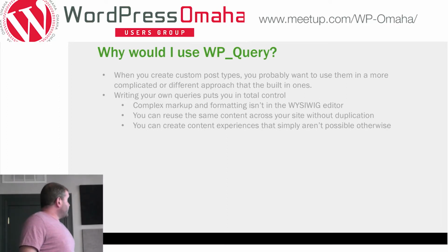So times that you would use WP Query: if you're creating custom post types, like we will look at soon, then you probably are going to be getting into instances where you might want to be cross-promoting different content or using those posts in a non-traditional way from a WordPress perspective. An interesting example of this is we have one site that has a Google map that all the locations of the business's stores are plotted on.